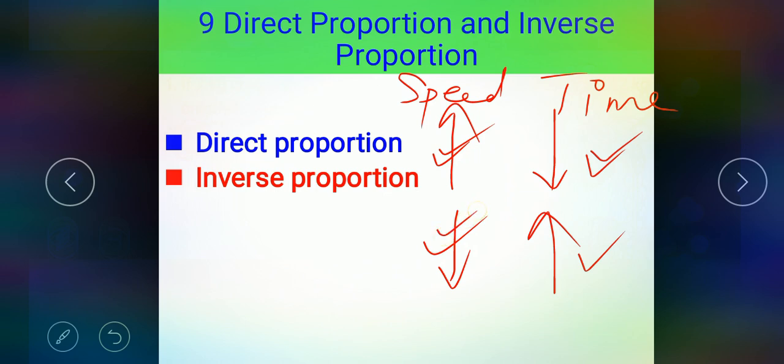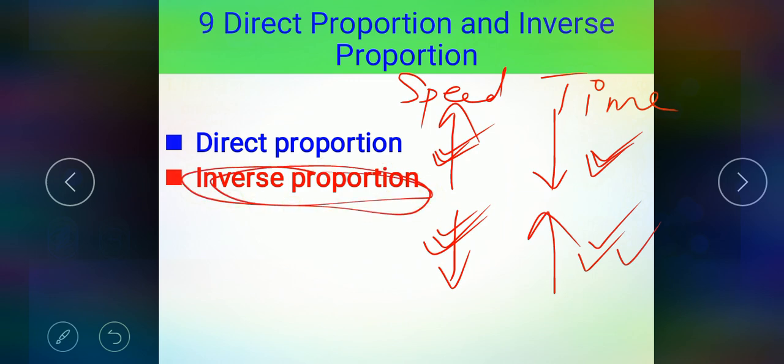When I decrease the speed, the time taken increases. Students, here if one is increased, the other is decreased. When one is decreased, the other is increased. Here the relation is not in the same direction, it is in the opposite direction. Such a relationship is called inverse proportion, students.